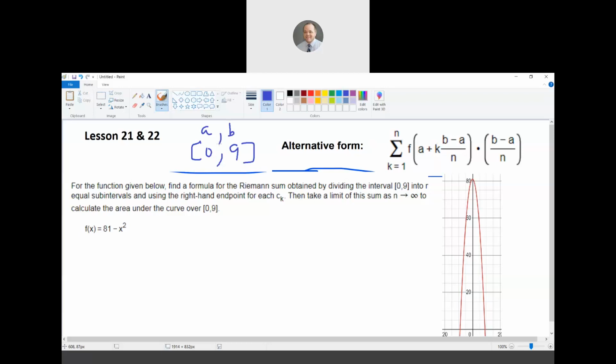And n we actually do not know, but we can plug in a and b to simplify this just a bit. So we have b minus a over n, which is 9 minus 0 over n, or just 9 over n.